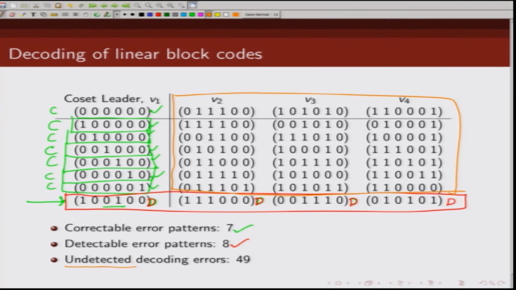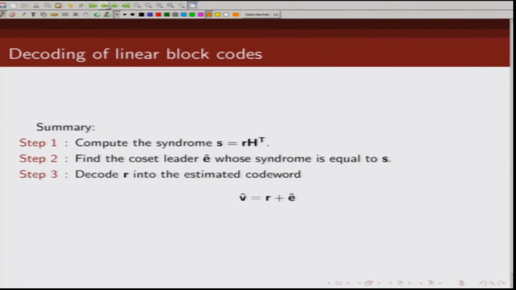The syndrome will point to a particular coset or a row of the standard array, and if the coset leader has the minimum number of ones, then we will pick that coset leader as our likely error pattern, and we are going to decode by adding that likely error pattern to our received code word, and that would be our estimated code word. So, with this I will conclude this decoding of linear block codes. Thank you.